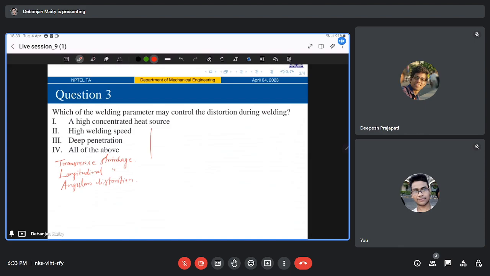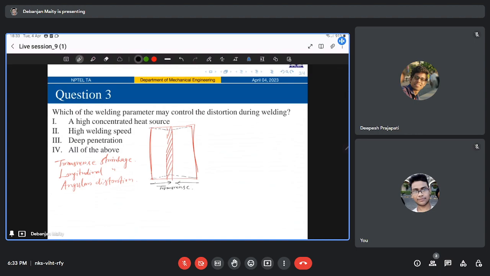If you try to draw the figure, initially let us say this was your weldment. So initially this was my weldment, okay, and then let us say it distorts like this. So this is distorting in this direction.